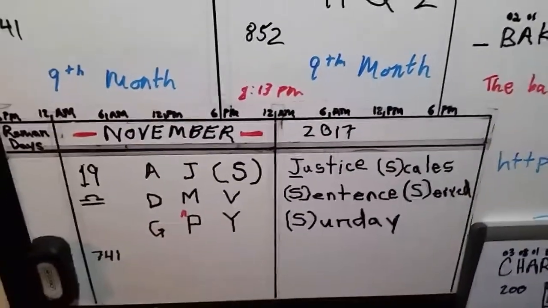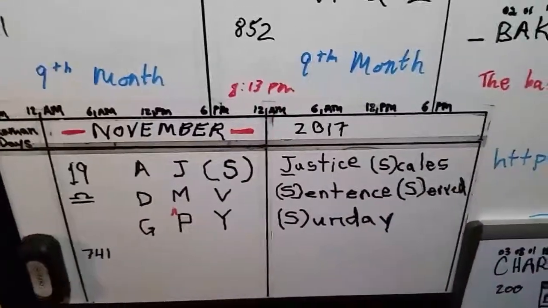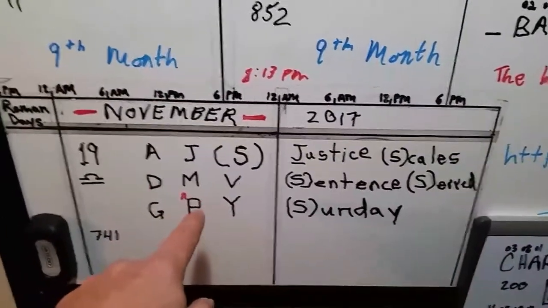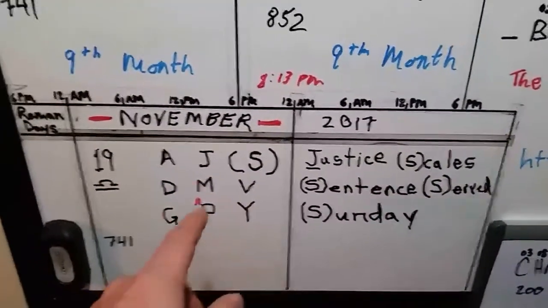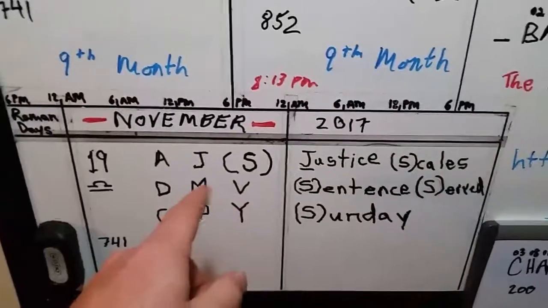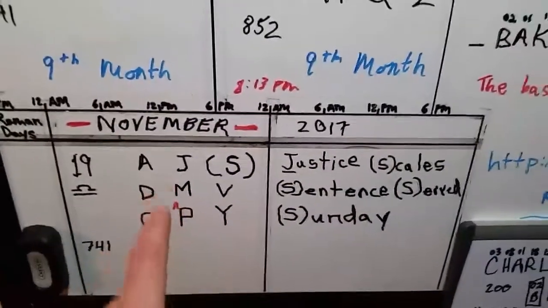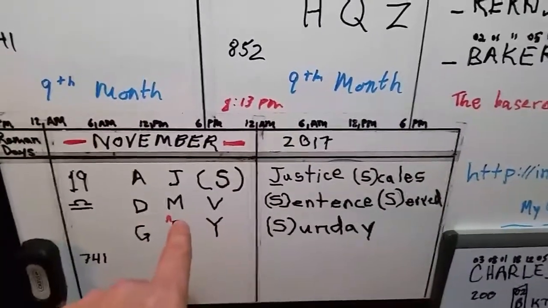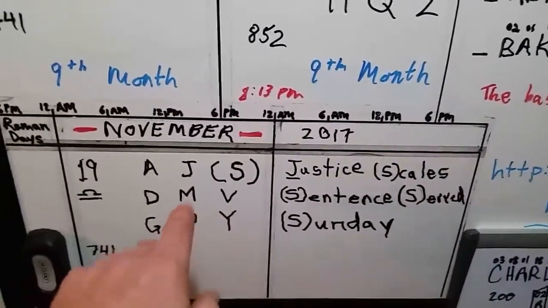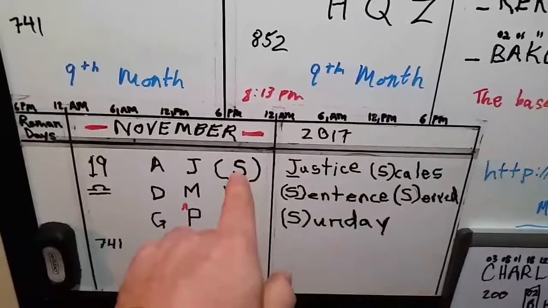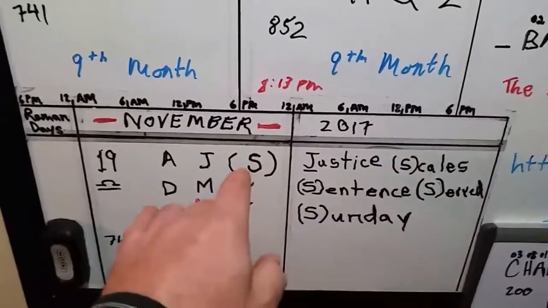Now I'm looking for the A for away, for passes away, so I know that P is the 16th letter in the alphabet. That's 1 and 6, and the 1 is always connected to A. So I know there's the A for away. So Manson passes away. Sunday. Sentence served.